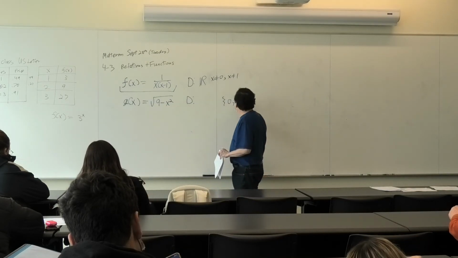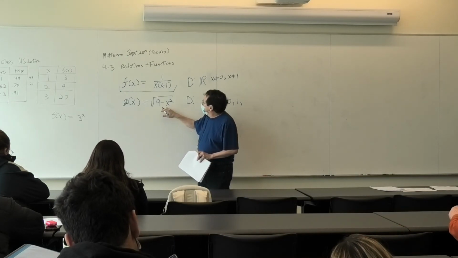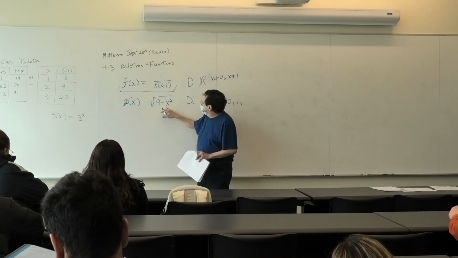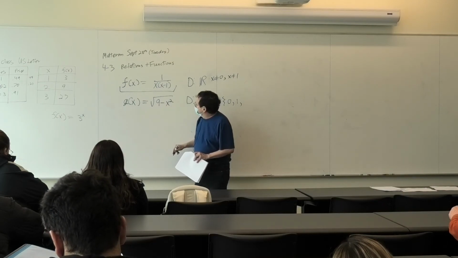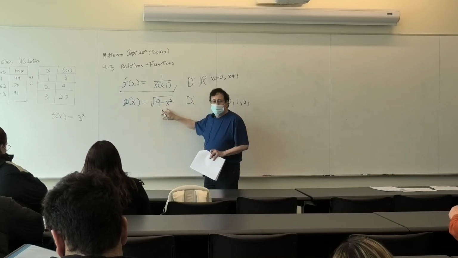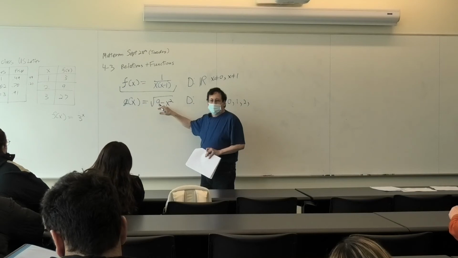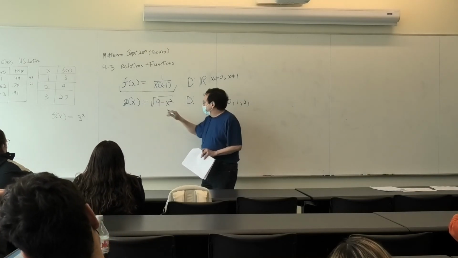That's okay. 2: well, that's square root of 5. Yeah, it works. How about 3? Well, 9 minus 9 is 0, right? So that's good.